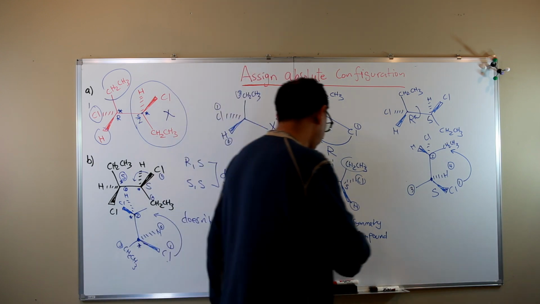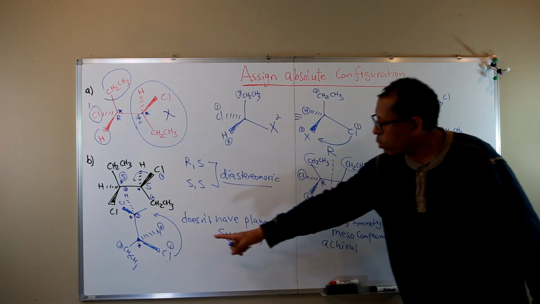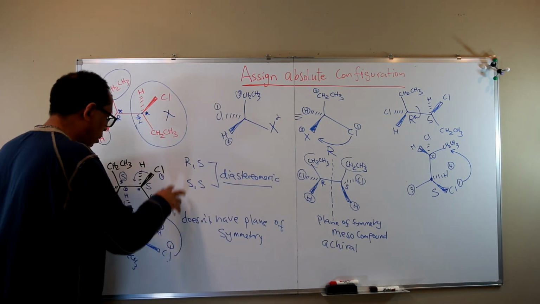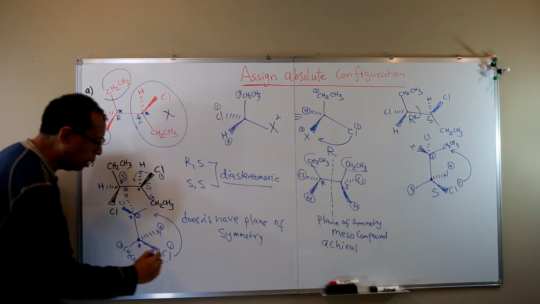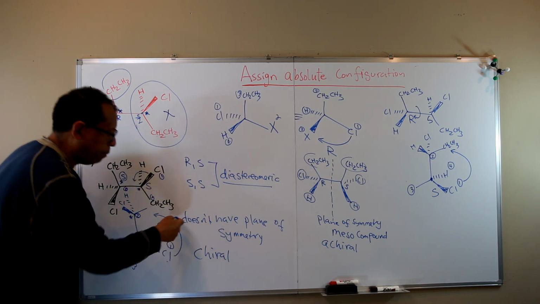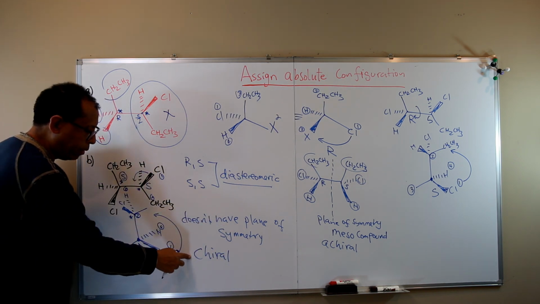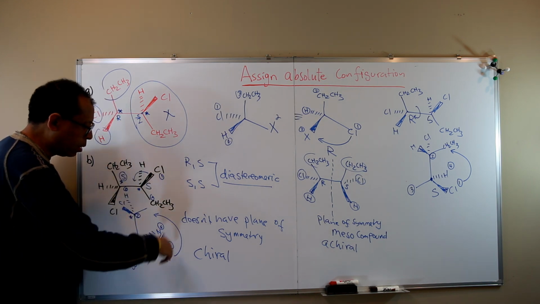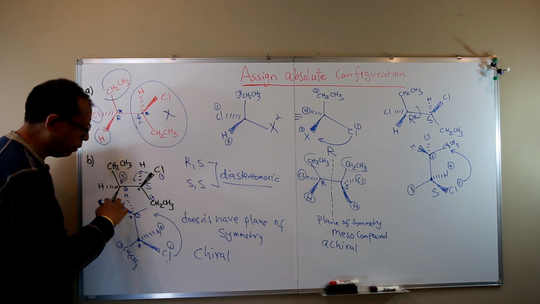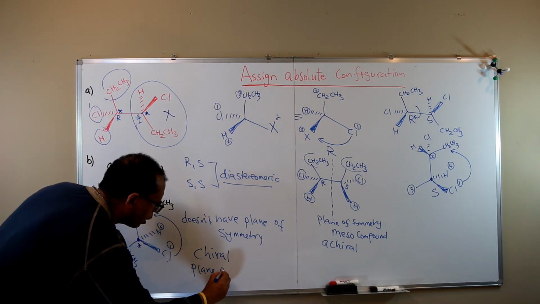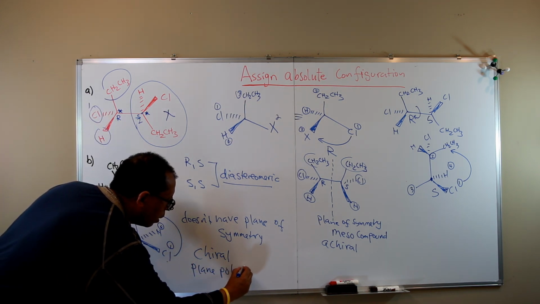This one does not have a plane of symmetry. Therefore, this molecule as a whole is also chiral. Not having a plane of symmetry qualifies it as chiral. Therefore, this gives a positive or a negative rotation of plane polarized light.